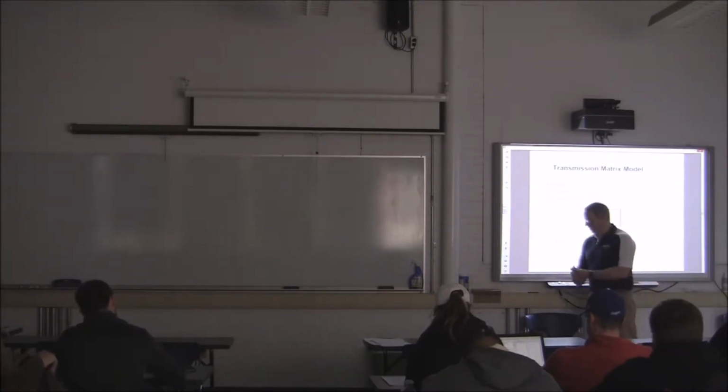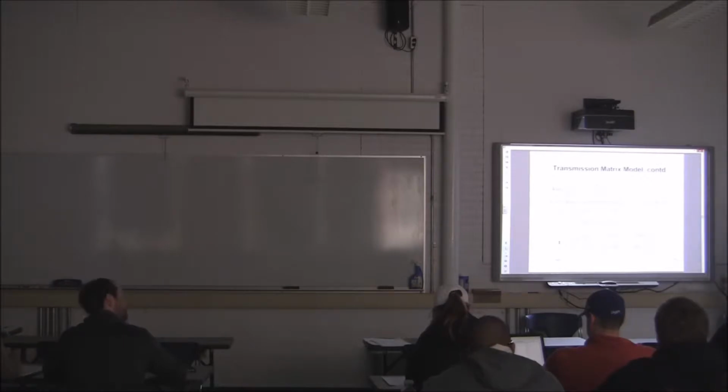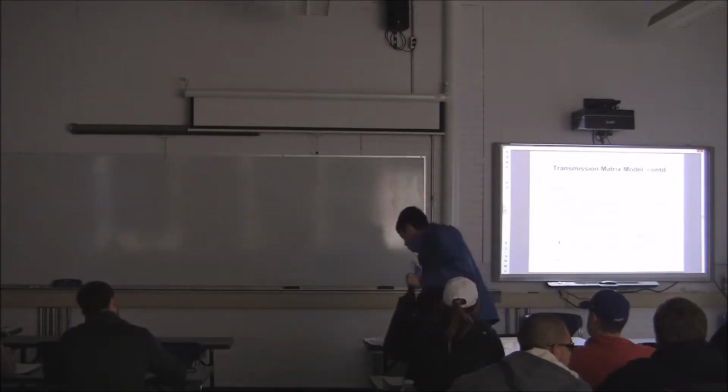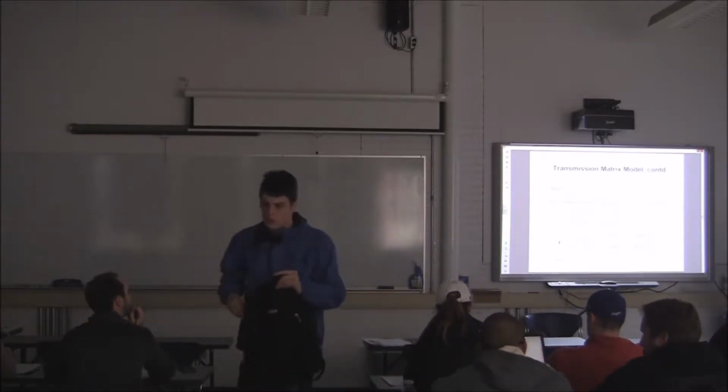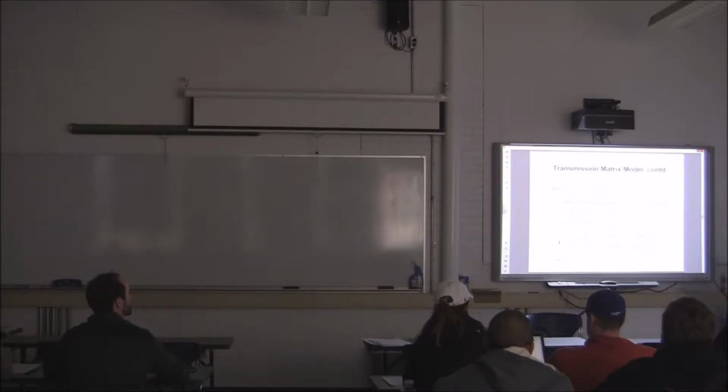Let's start to solve for A, B, C, and D based on our base equations, right? Here's our Vs equation, here's our Is equation. We solved for Vs. We did the hard brute force method to solve for Vs. We didn't do the same thing for Is, but you can do that if you'd like. And here is our form.